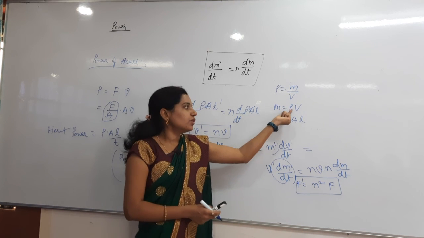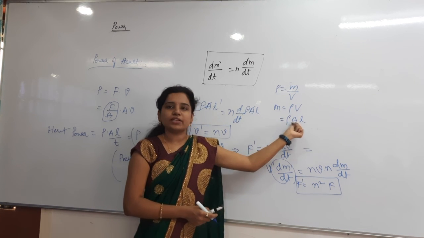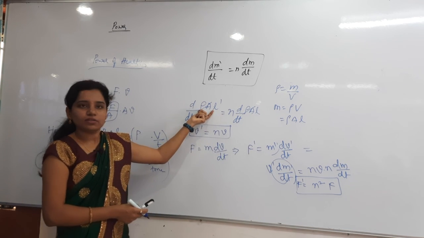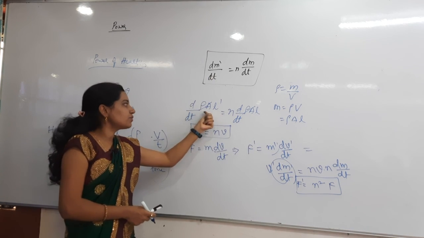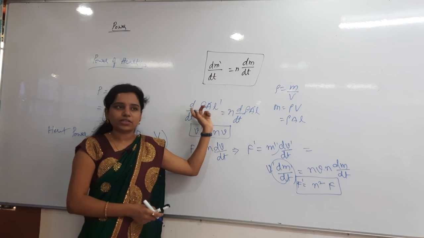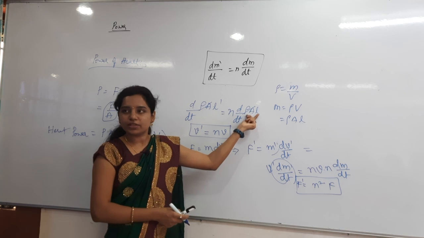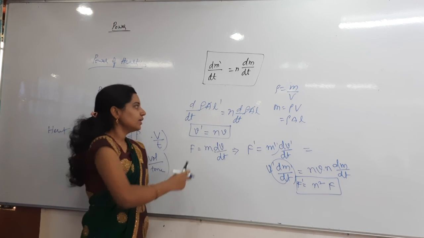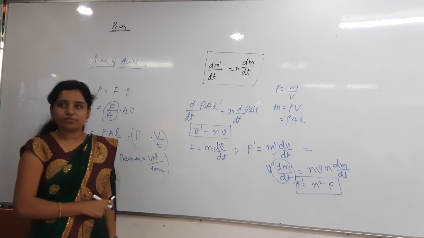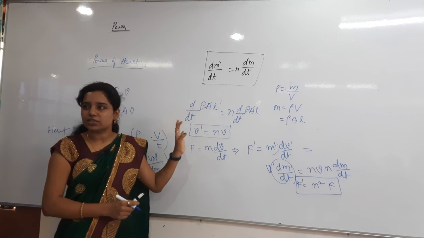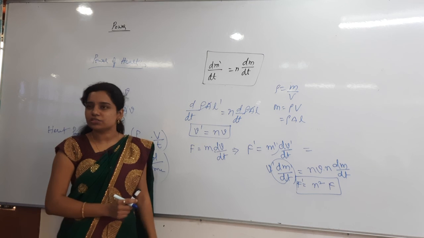Mass is equal to rho into volume, rho into area into length. So that mass value I have to substitute here. If it is the second case, nothing but rho a into L dash, same water and same pipe we have taken, n into d by dt of rho a L I have taken, rho a gets cancelled here, dL dash by dt is nothing but what? V dash, dL by dt means v. That is finished, the relation between the velocities is finished.